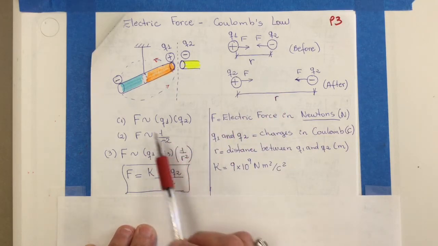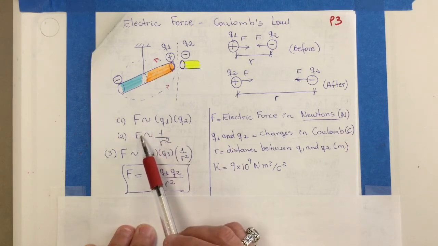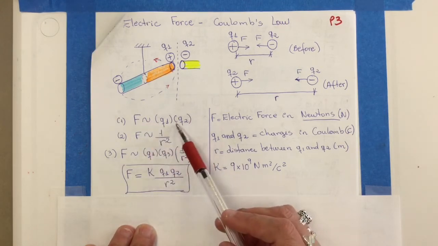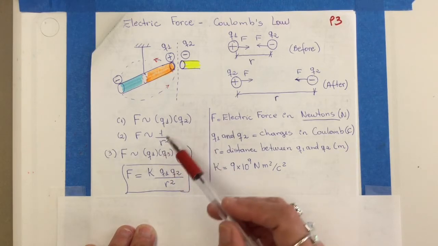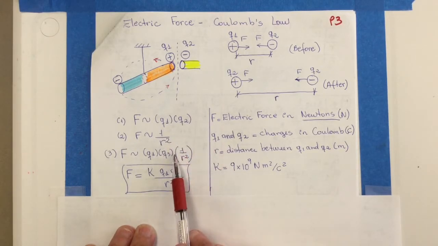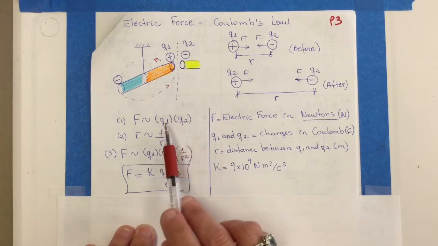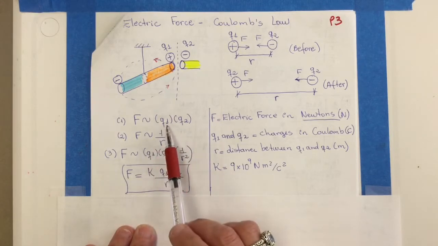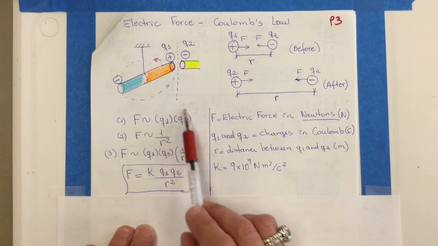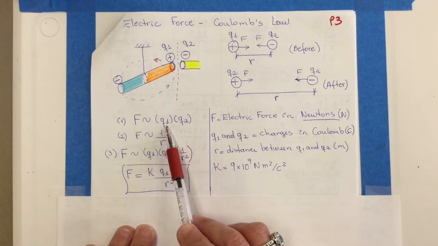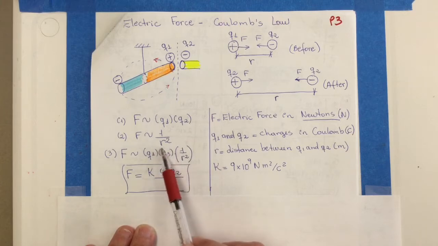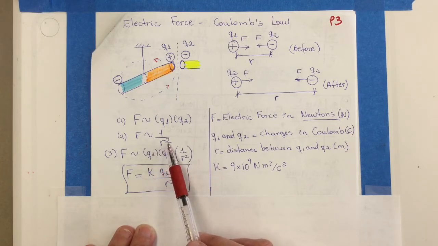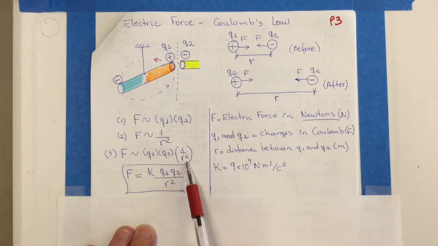When the same variable is proportional to two different things, we can combine them as a multiplication between all those factors: Q1 times Q2 times the inverse of the square of the distance.